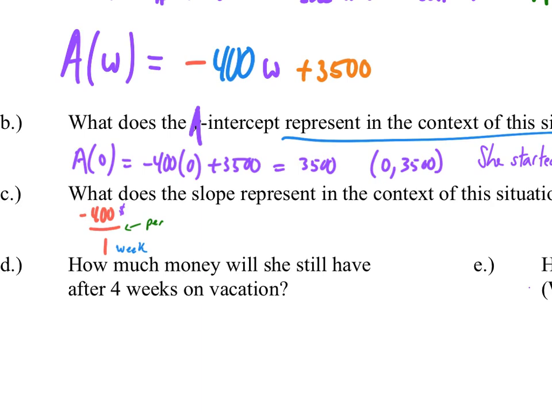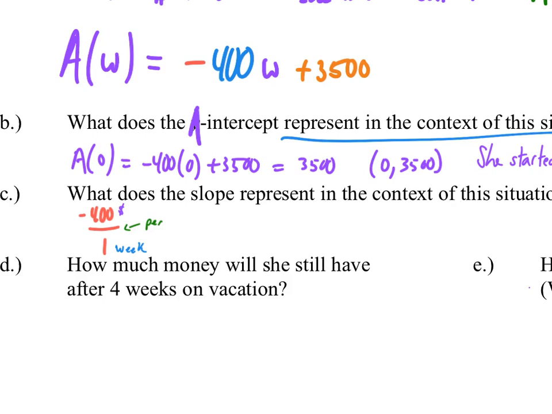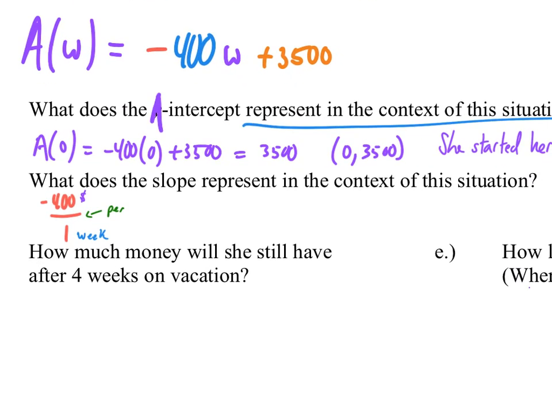So in context, she didn't say she has negative $400 per week. That's not how we talk. We don't say negative money. We talk about spending money, losing money, things like that. Your job is to translate. Your sentence needs to be in the way that we talk, so I shouldn't be saying the word negative. That's not how we speak.